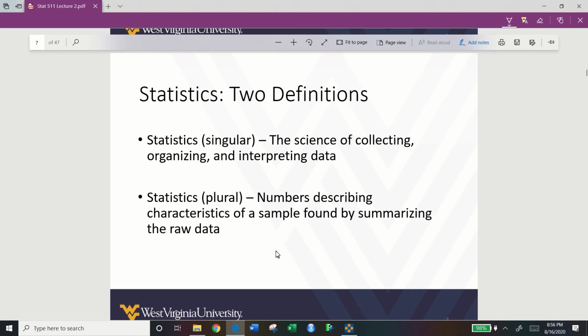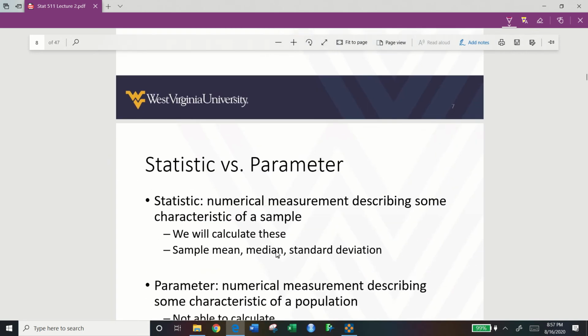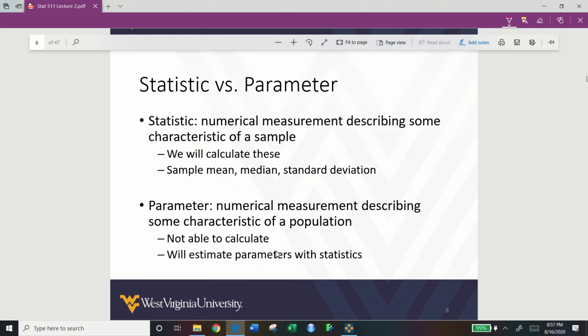So, when we take a sample from a population and calculate the mean, that is the sample mean, and it is an example of a statistic. If we had a census and took an average, that would be a population mean. And that would be a good example of a parameter.